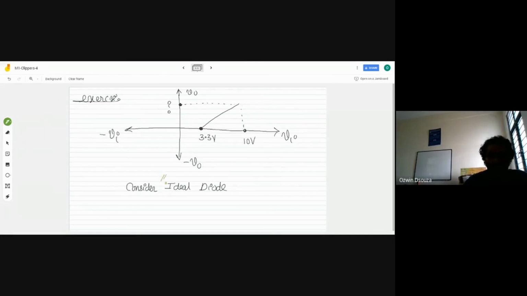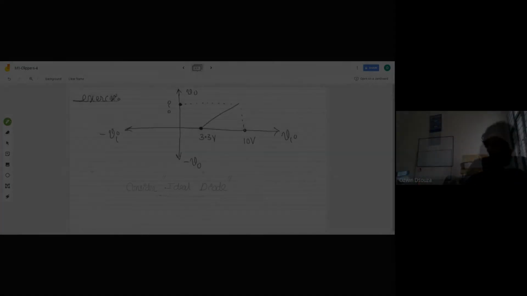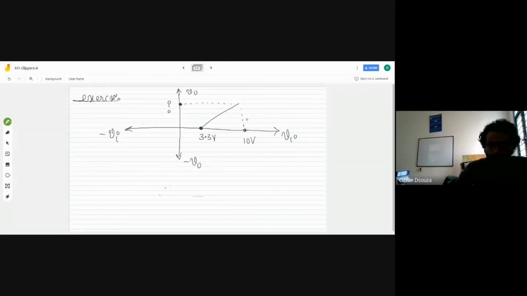This is very important. You are under the assumption that you will consider an ideal diode. Now, what you have to do is first inspect your transfer characteristics. In which quadrant is your output present, that is what you are supposed to see. Your output is present in the first quadrant, where input is positive going and output is also positive going. That means for the positive half of the input, you should get some kind of positive going output.